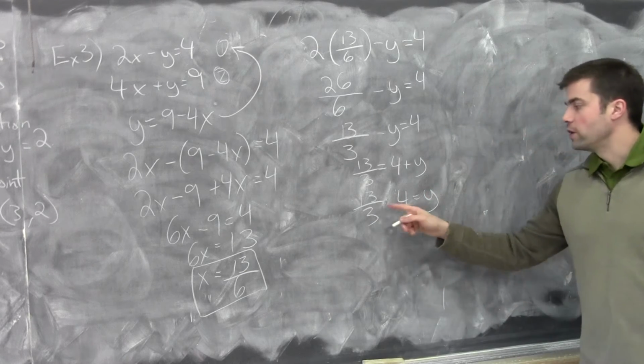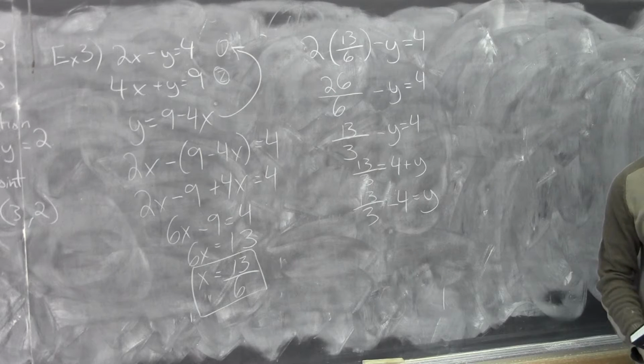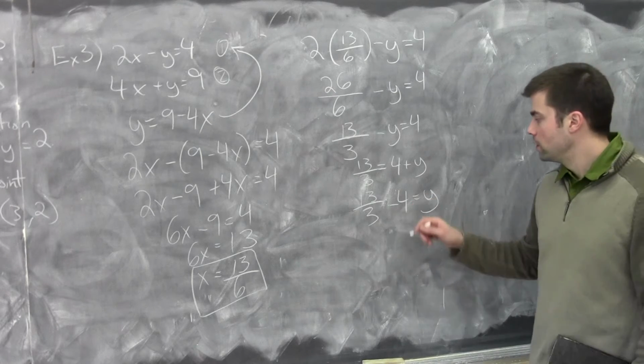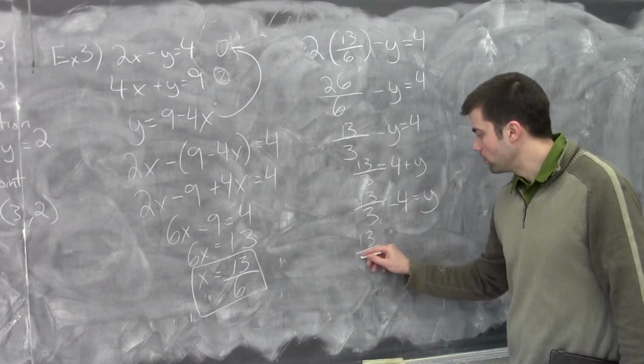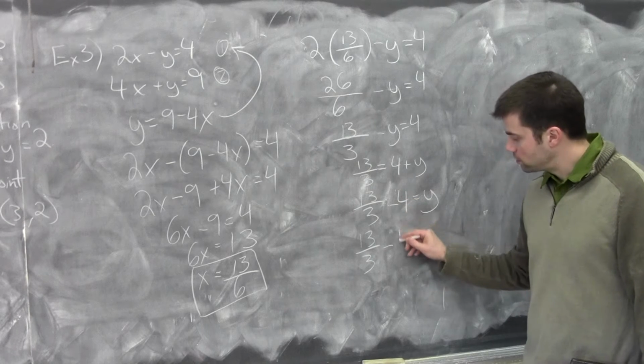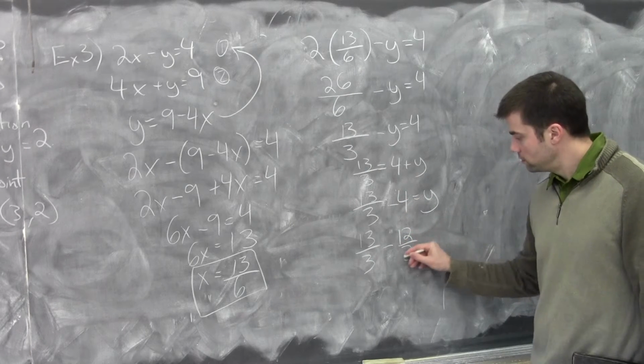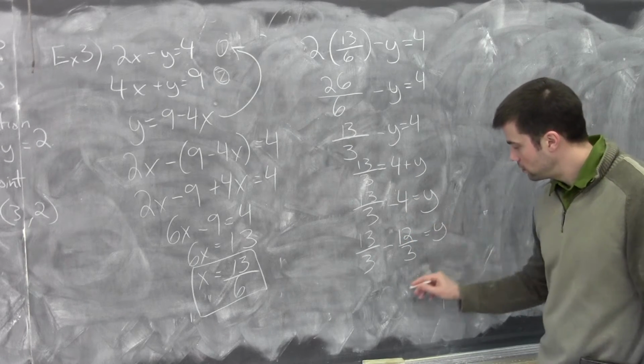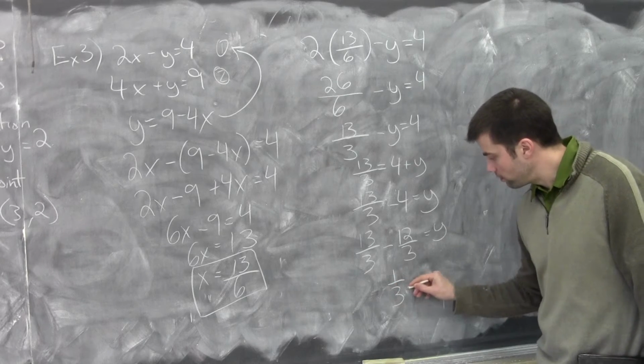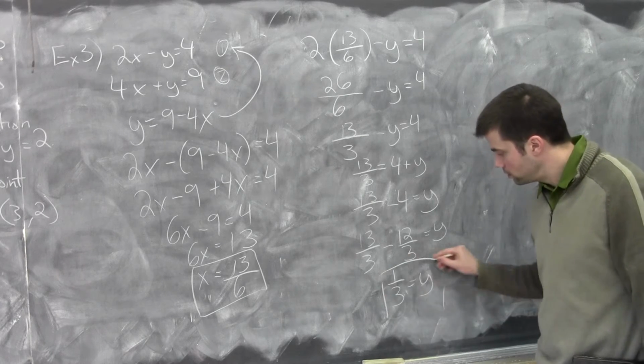Okay, now we want to find a common denominator between these two, so we can subtract them. So we have 13 over 3 minus 12 over 3. So we have 1 over 3 is equal to y.